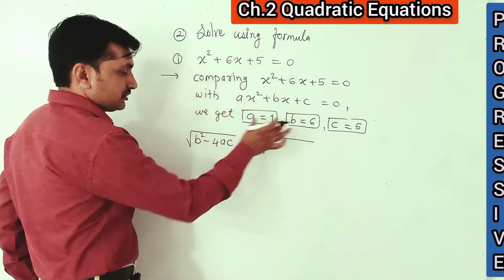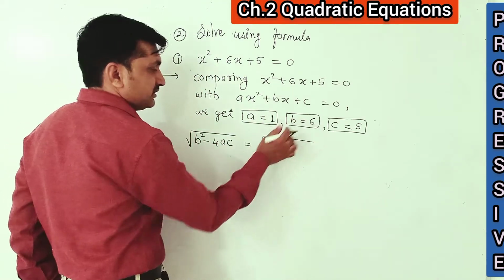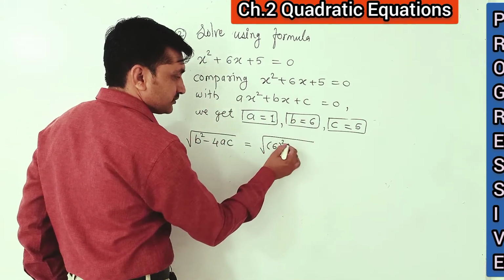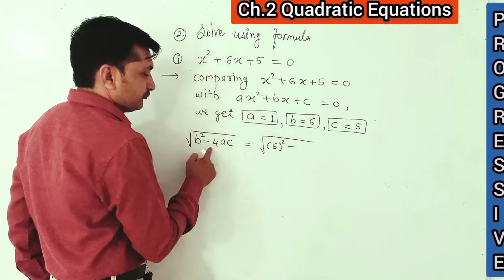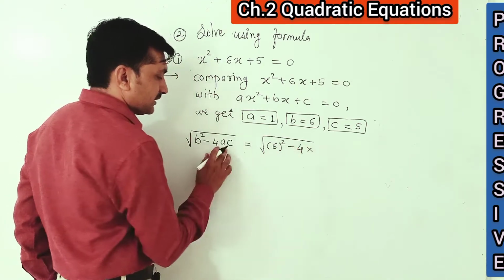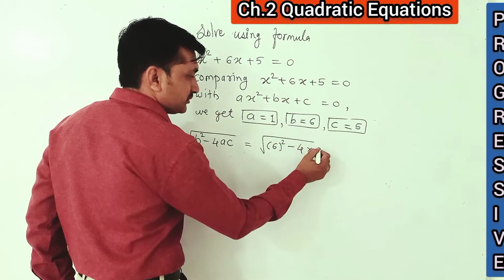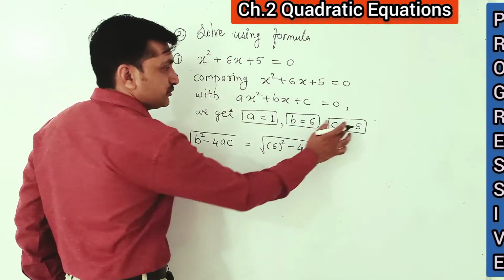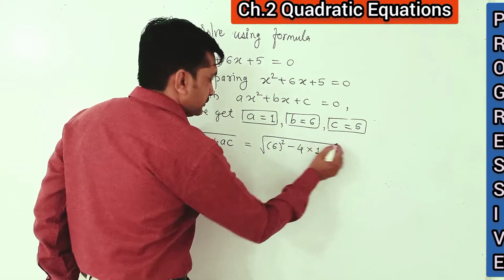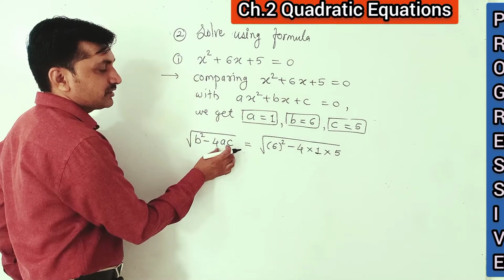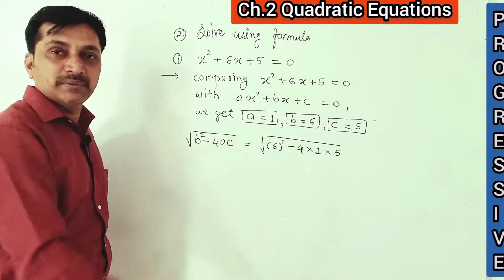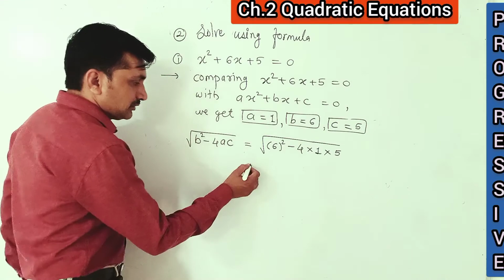Now put the three values here. B square, b is 6 in brackets squared, minus 4 multiplied by the a value 1, multiplied by the c value 5. Here 4ac means multiply. These three terms are multiplied. Now solve this.